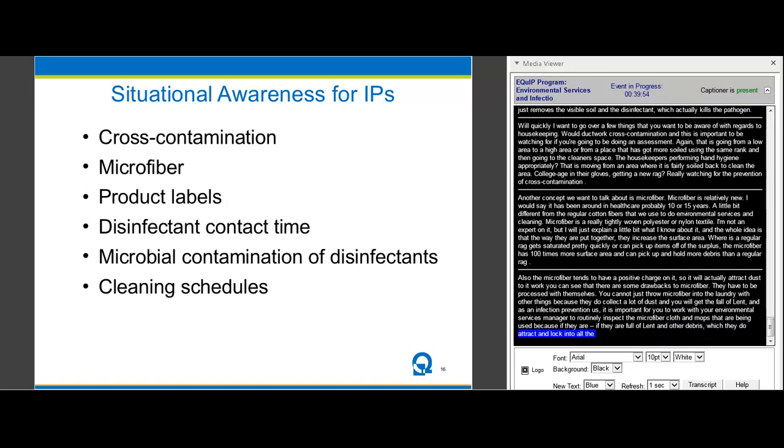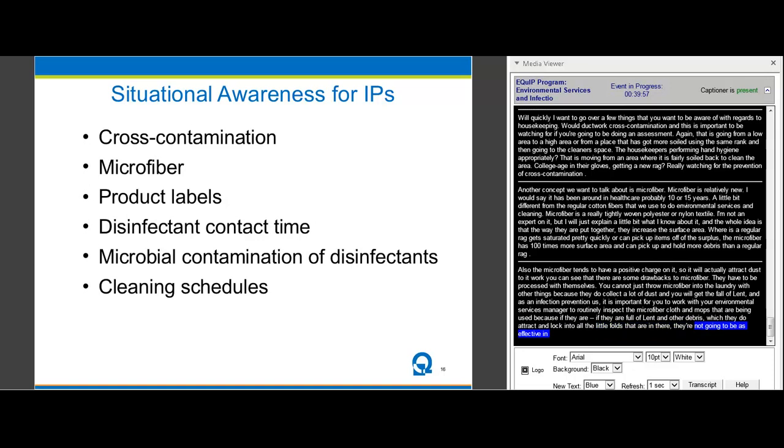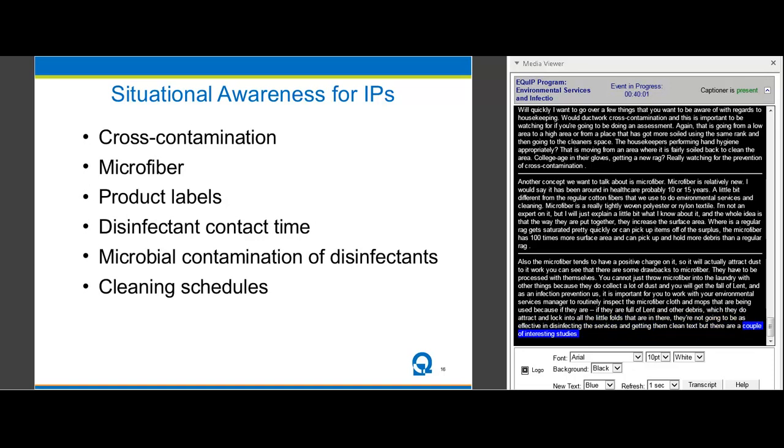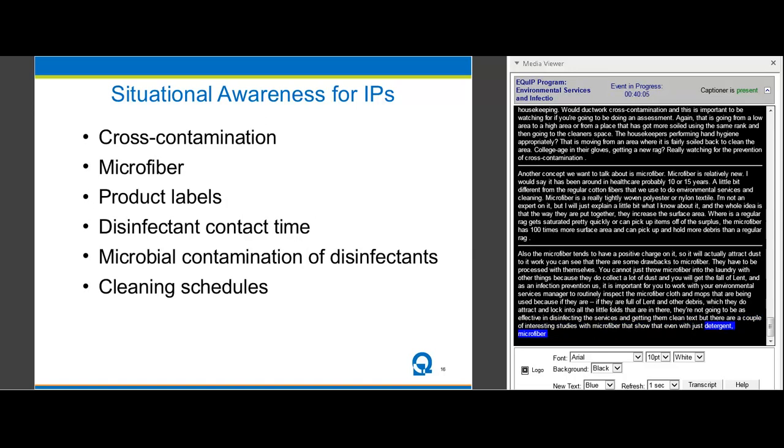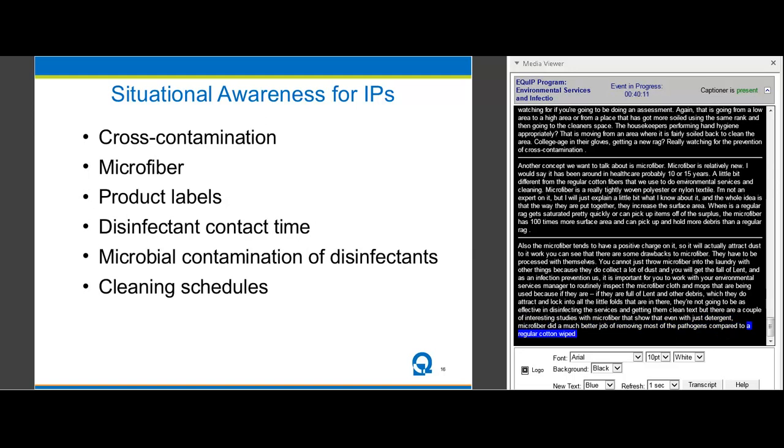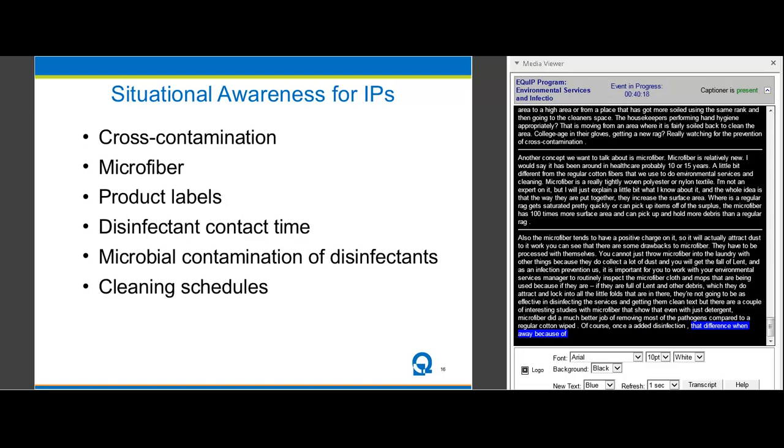There's a couple of really interesting studies with microfiber that showed that even with just detergent, microfiber did a much better job of removing most of the pathogens compared to a regular cotton wipe. Now, of course, once they added disinfection, that difference went away because of the disinfectant itself. But if you just want to use less disinfectant, microfiber may be an option for you.